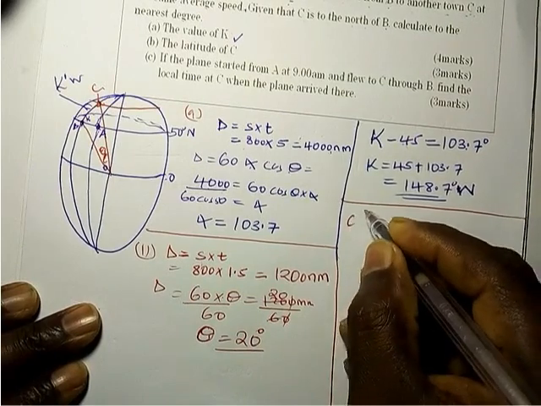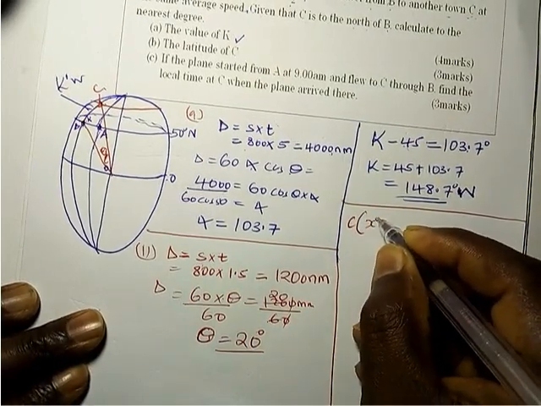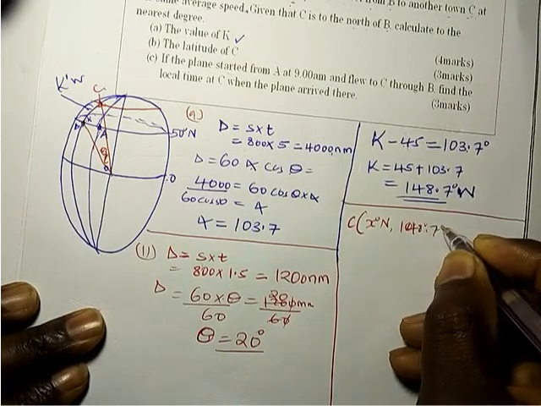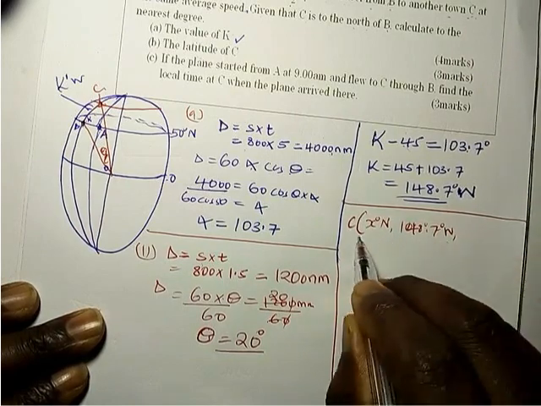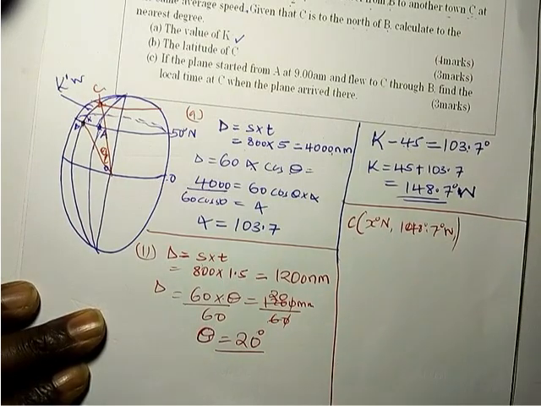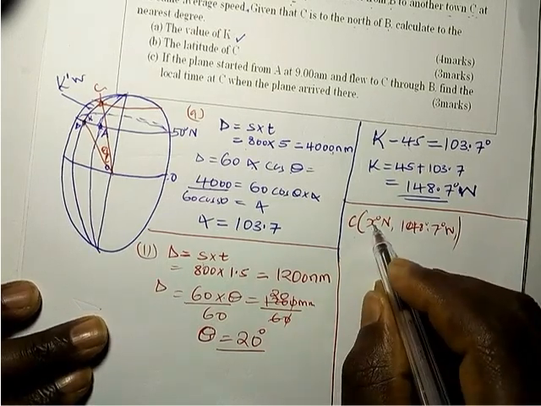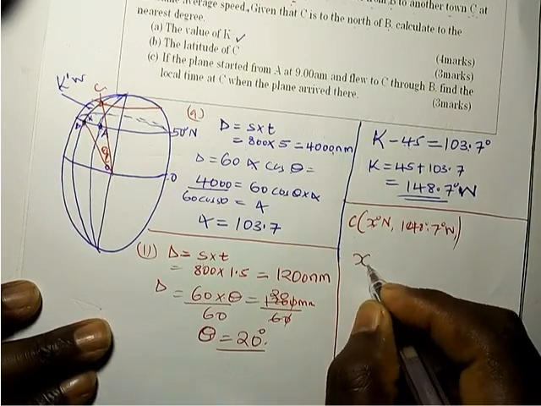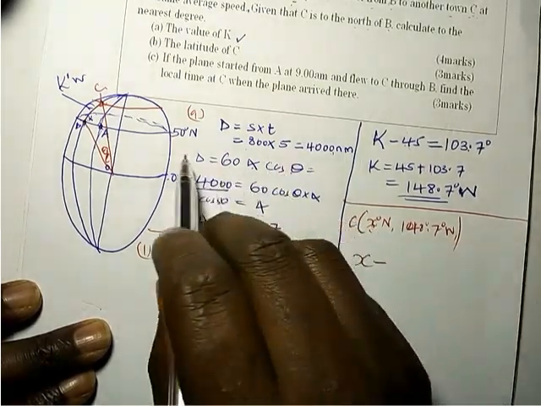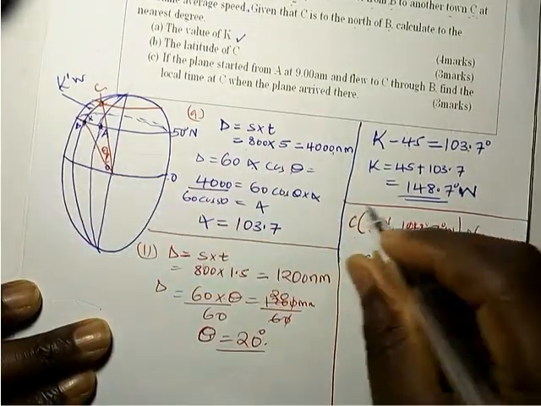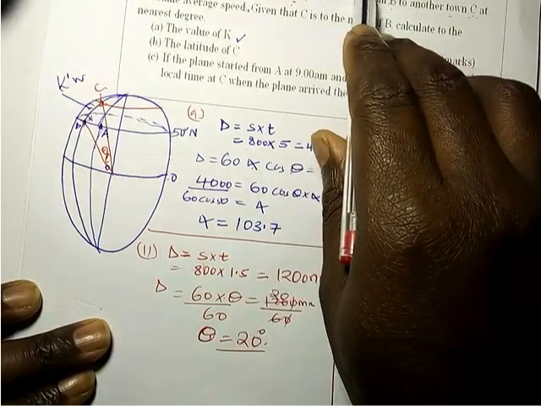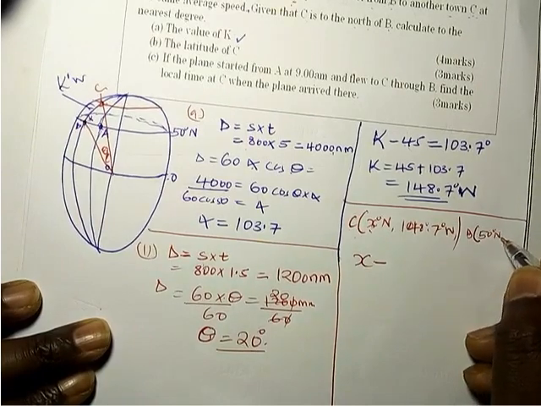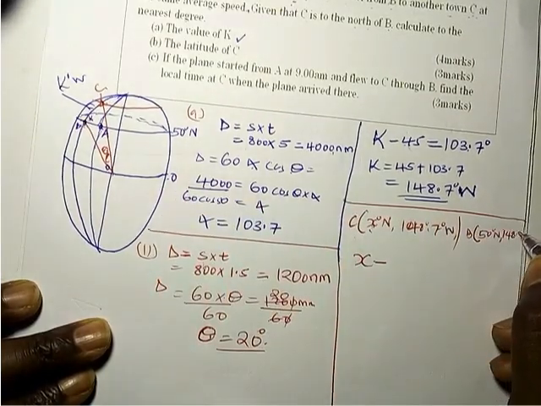So C is on X degrees north, 148.7 degrees west. That is where we have C, right? So we want to get this C. The angle difference is this after subtraction, so it means X minus that of B. We had B on 50 north, 148.7 west.